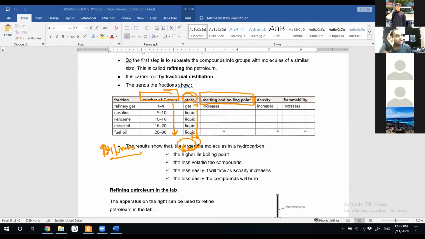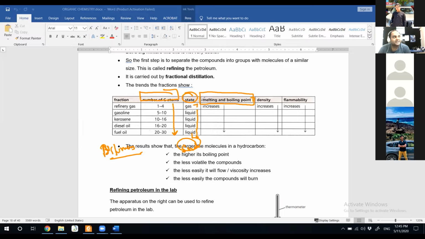So now do you know the explanation? Who can tell me why the melting and boiling point increase as the number of carbon atoms increases? So intermolecular force increases. Very good.